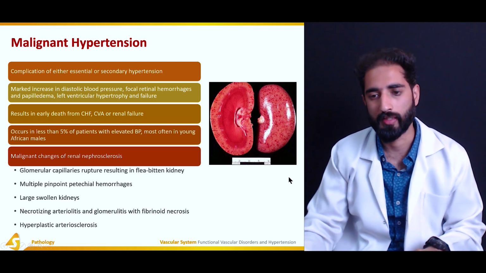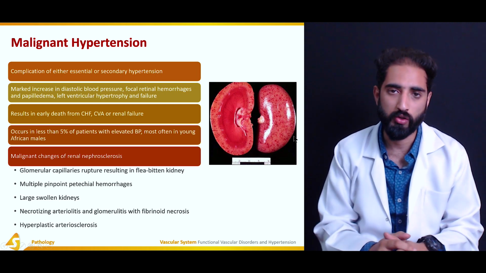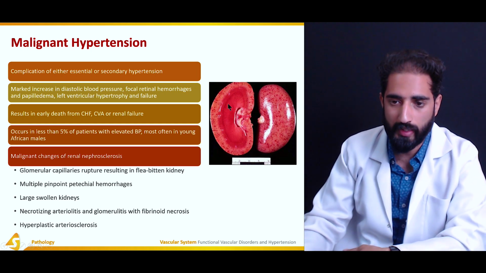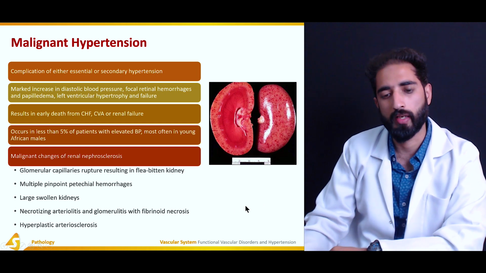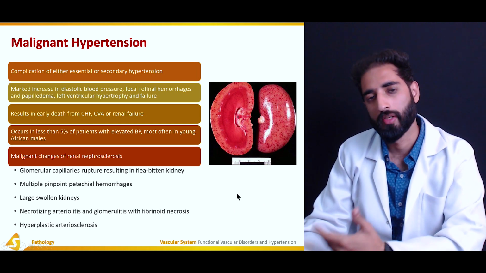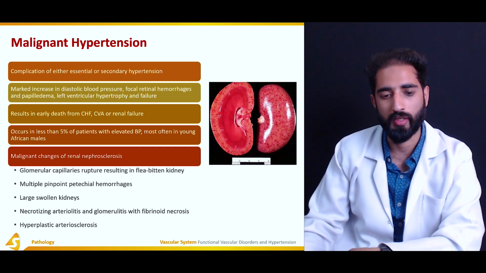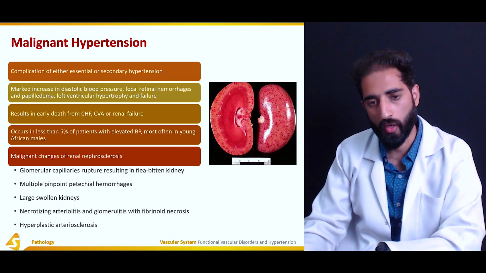So this is similar to that. And then there are multiple pinpoint petechial hemorrhages, as you can see in this picture as well. Large swollen kidneys, you can see the swelling of this kidney, and necrotizing arteriolitis and glomerulitis with papillary necrosis. So the kidney function is also impaired in malignant hypertension, and there is also hyperplastic arteriosclerosis as well.